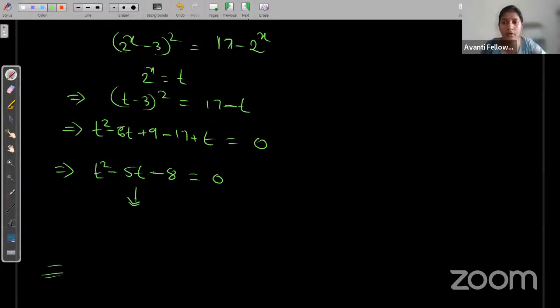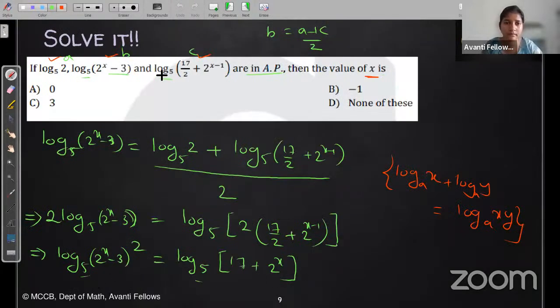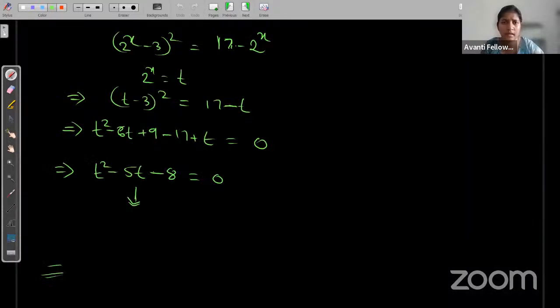Fine. So is the procedure clear to you all? Any doubt in the procedure, whatever we have done? This was plus, right?